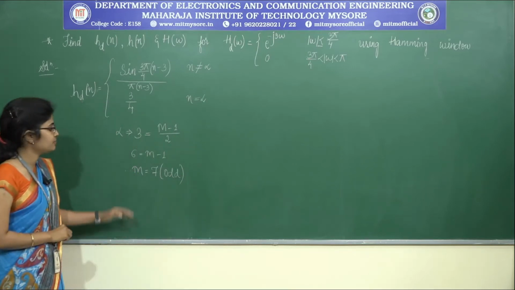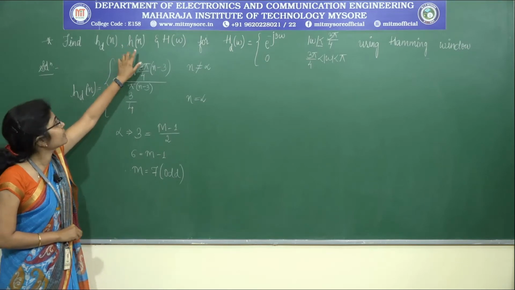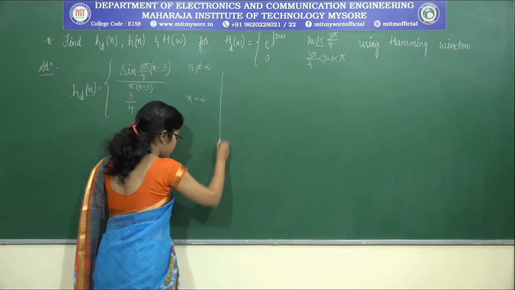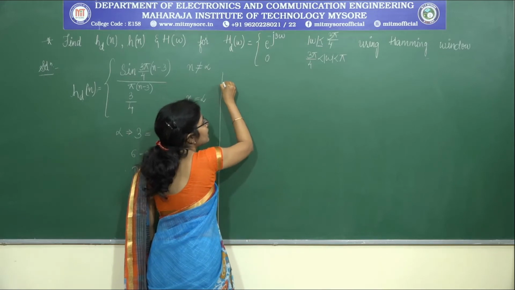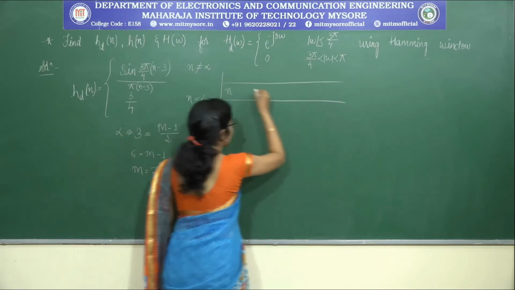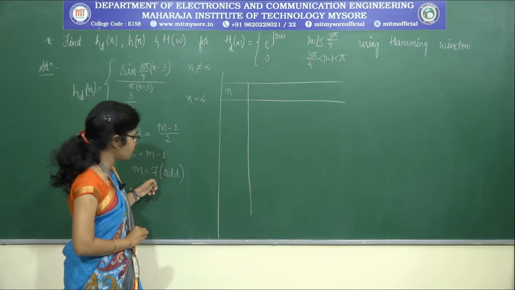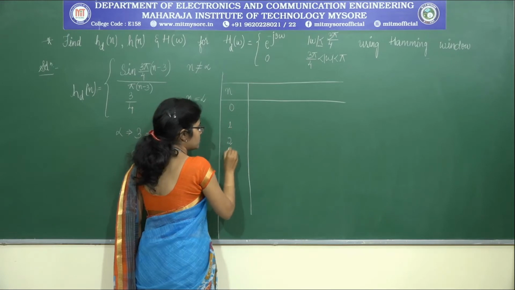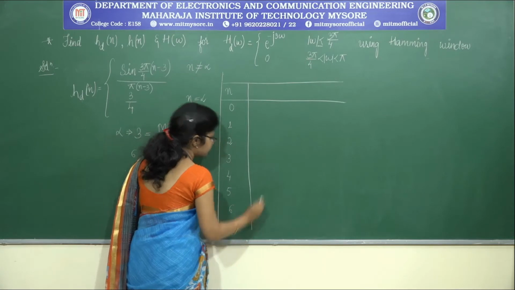Okay. Now we found out the value of m, we got hd of n. Now I need to find out h of n. Then with the help of h of n, we can find out h of omega. So in order to find out h of n, I need to draw a table. The first element of the table will be small n. We know n ranges from 0 to m minus 1. Since the value of m is 7, this should range from 0 to 6: 0, 1, 2, 3, 4, 5 and 6.